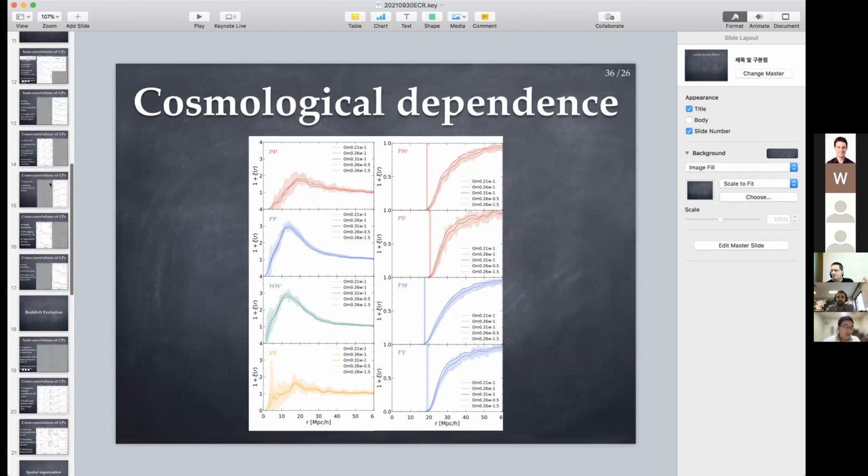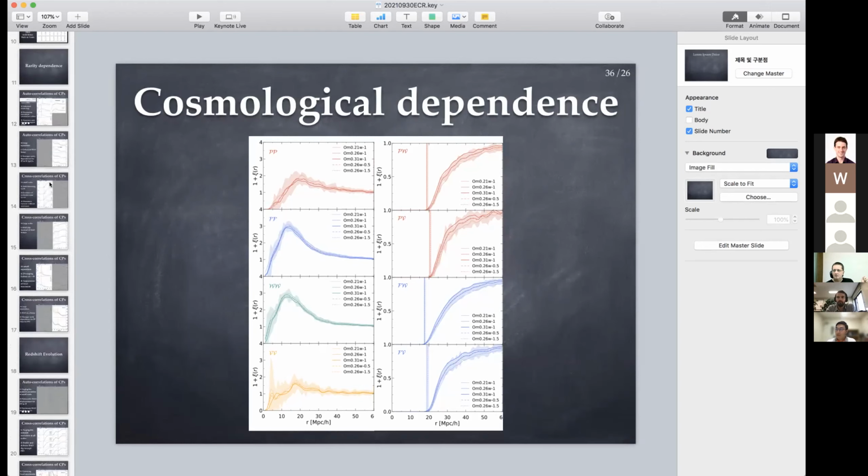That's actually a good question. It's related to the problem of the size of the filtering scale. If you apply a very small smoothing scale, then there will be very many peaks, voids, walls or saddles. Considering our simulation resolution, we decided to use 6 megaparsec, which encloses about 3 pixels.